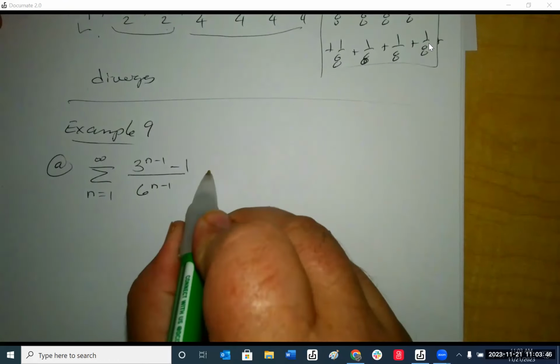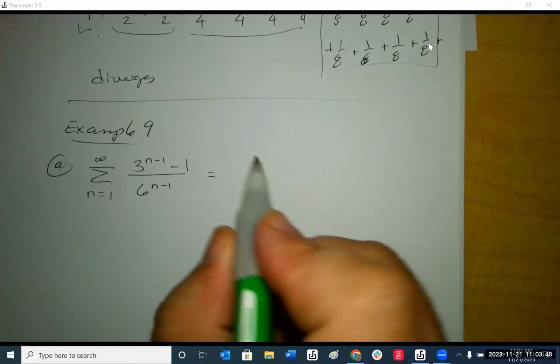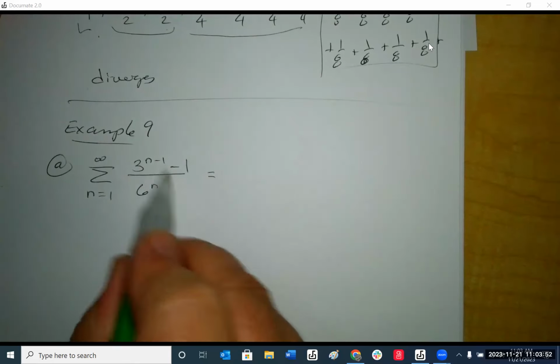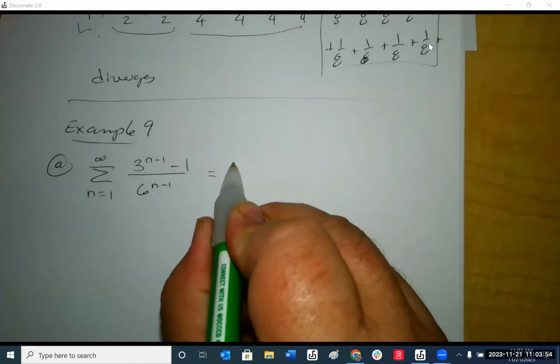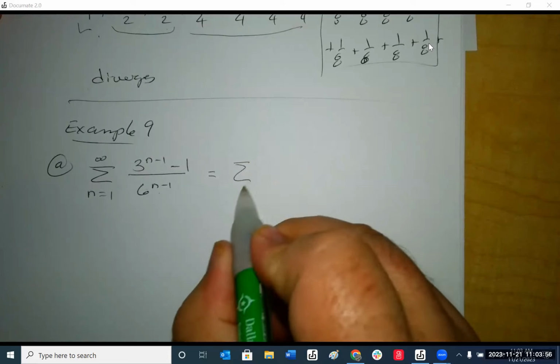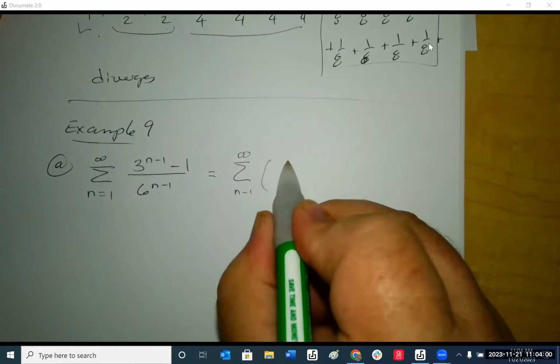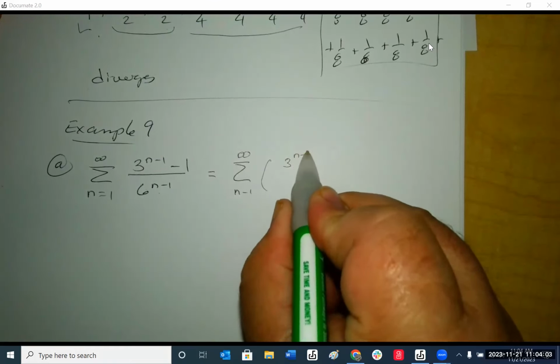All right. So remember, we're using the combining series. Since it's a monomial on the bottom, we can split these up.